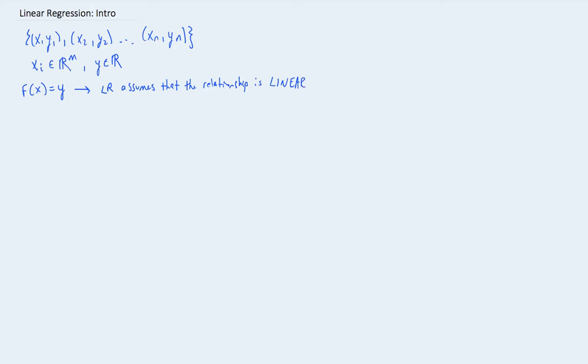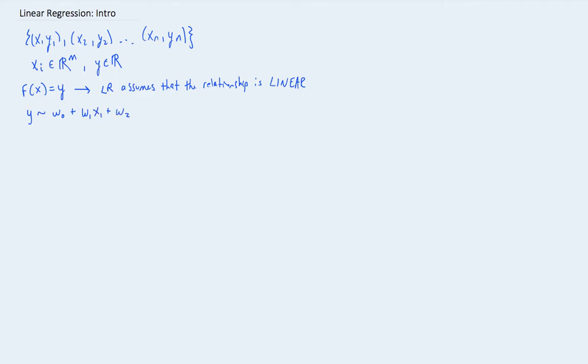So what I mean by that is that linear regression believes that y comes from some bias term plus a linear combination of the elements of x. So your w1 is your weight vector index.